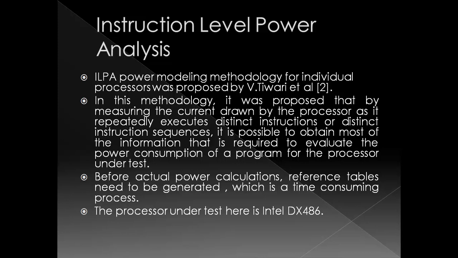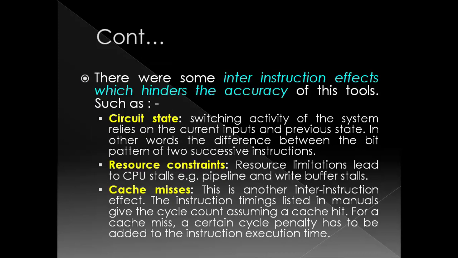Though this system was able to give an insight from the functional point of view, there were certain situations which were not measured. Suppose there is a CPU stall due to pipelining, or a write buffer stall. This stalling leads to empty space in the pipeline, and that is not being measured.